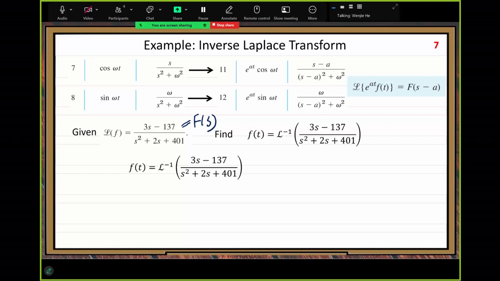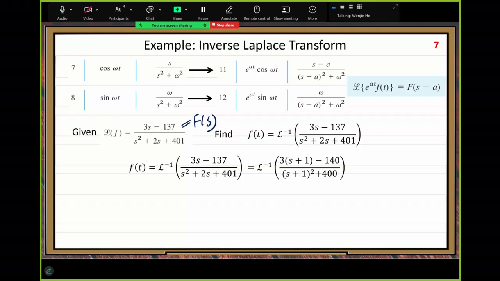Because when you look at the denominator, s squared plus 2s plus 1, you get s plus 1 squared. Then the numerator, because you need s plus 1. So when we write that, the denominator is s plus 1 squared plus 400.